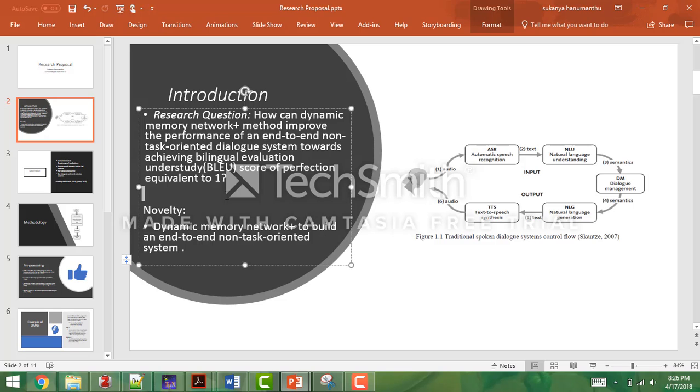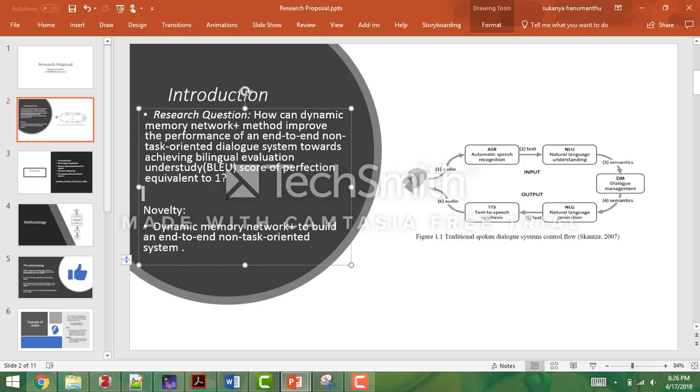But achieving a non-task oriented system is highly difficult, and there is a lot of research going on in different projects and in different scientific societies to achieve a model which performs like an ELIZA model. If you know ELIZA, it almost passed the Turing test back in the 90s.